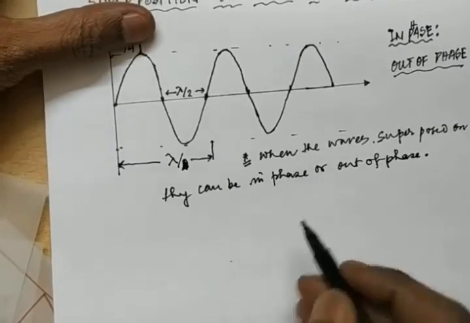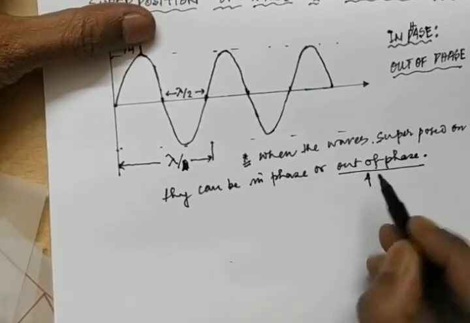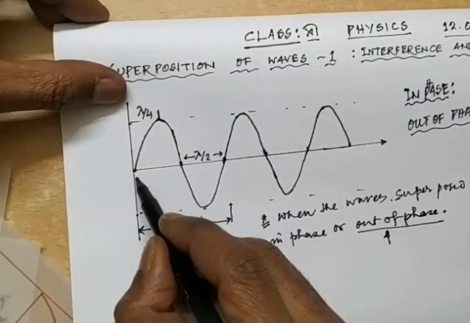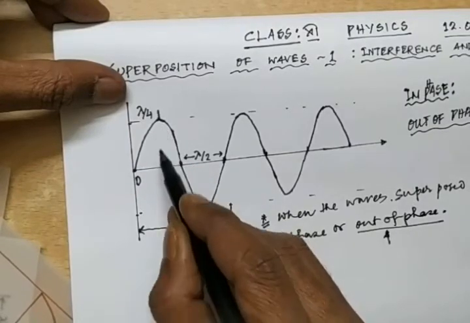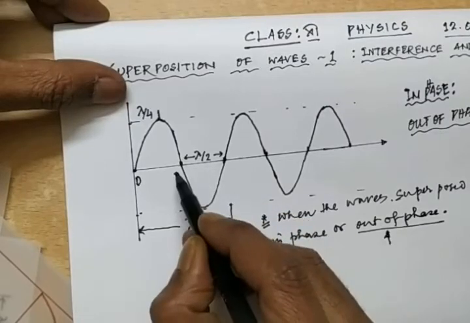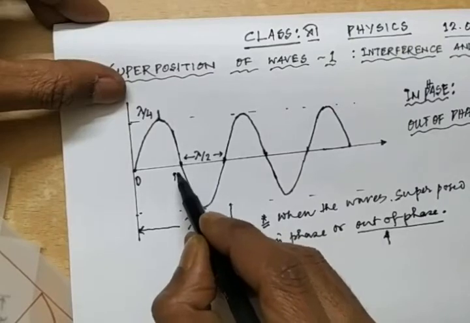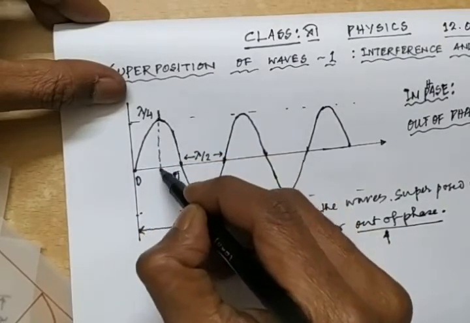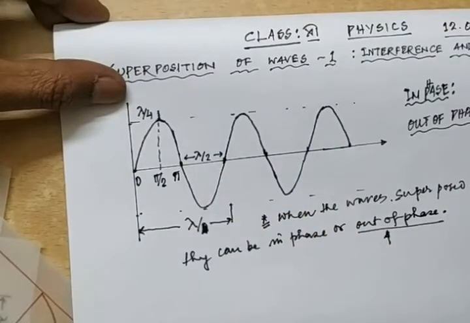So out of phase or in phase by, now see very carefully, we already told this, this is 0, this is how much? Pi by 4, this is pi, this is 2 pi. So this is how much? Pi means 180 degree. So this is pi by 2, that is 90 degree.